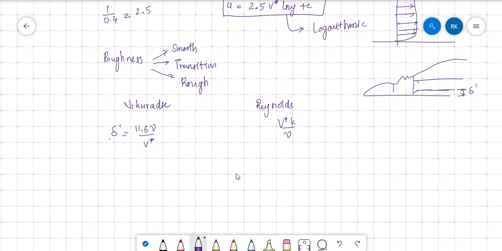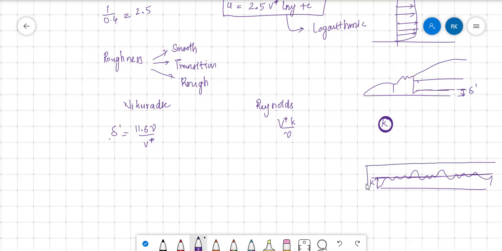Now, then what is this K? Average roughness. What is meant by average roughness? If there is a surface, that may be surface of pipe, and this is the average, that will be the average roughness, that is K. If laminar sublayer is greater than K, that is generally considered as smooth one.